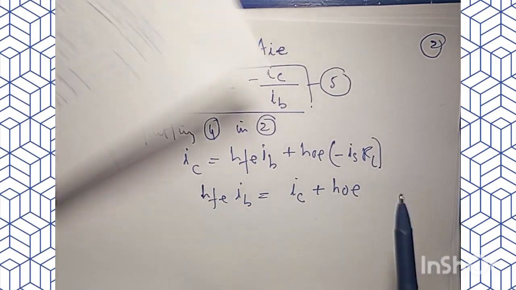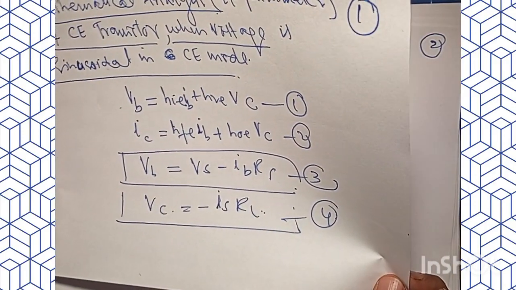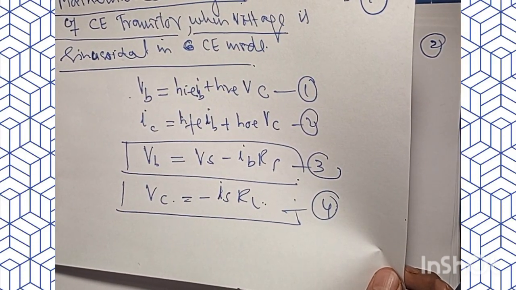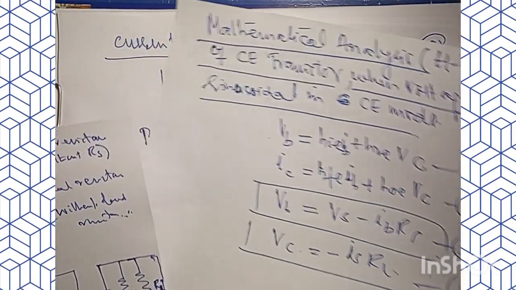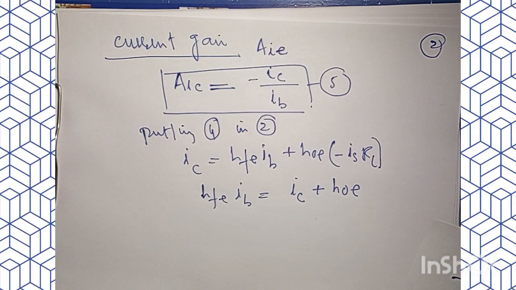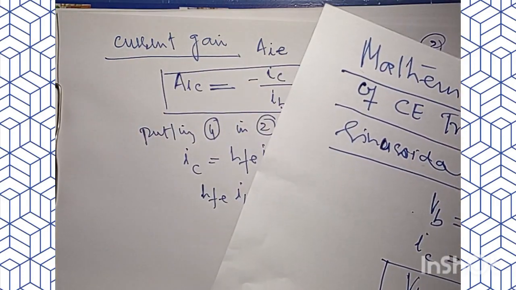Is it IS, or am I right here or wrong? Where am I right now? I'm putting 4 in 2. What is my equation 4?